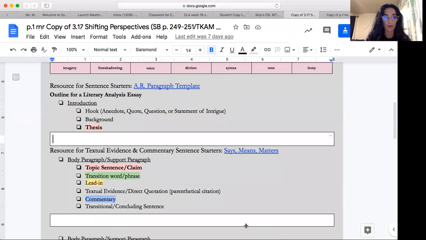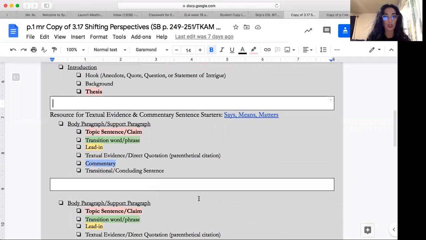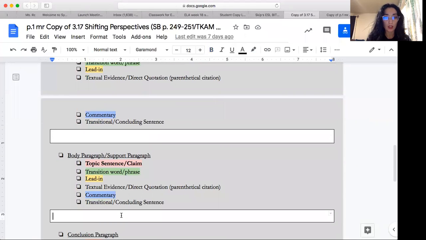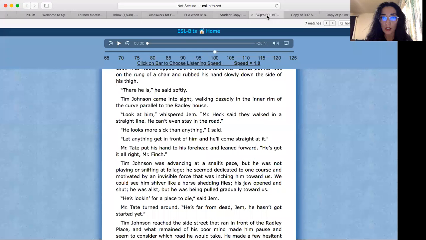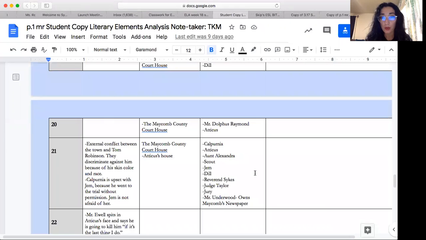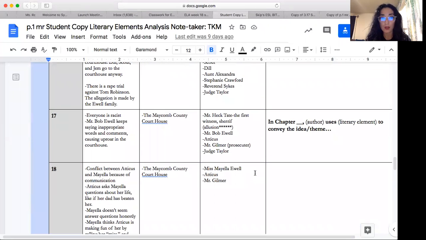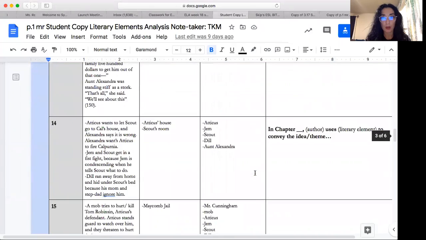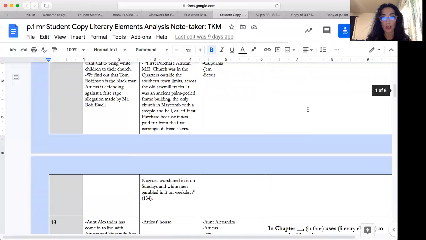So I had suggested that you guys start by putting in your paragraphs that you got from your literary analysis note taker. So this is kind of working backwards. Let's say I have a chapter that's about character, like Mrs. Dubose's character.